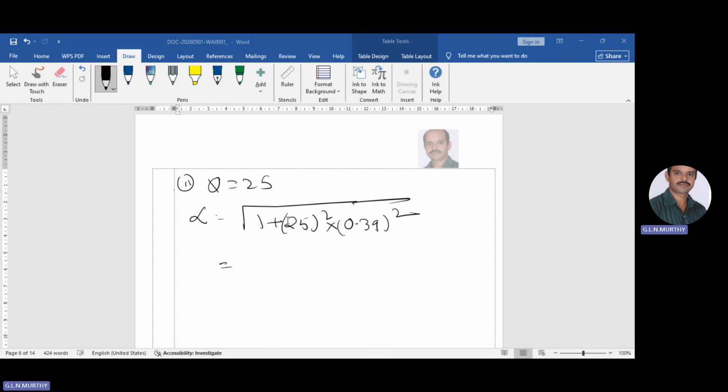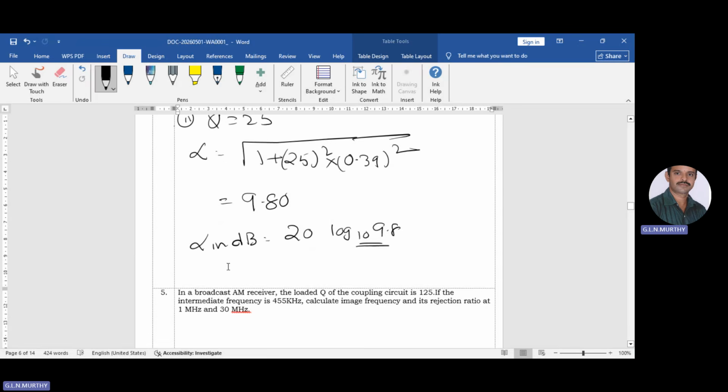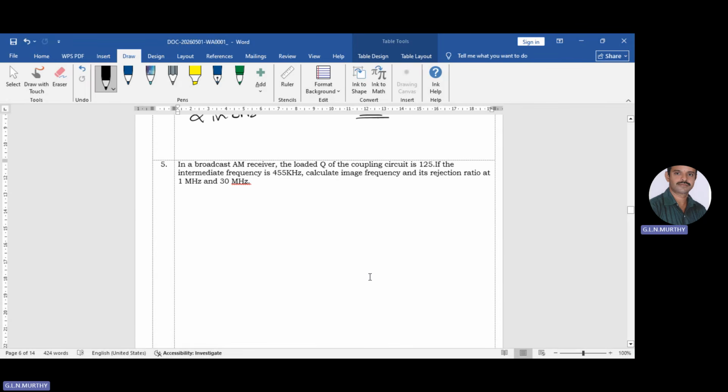Verify once, around 9.80. If the image frequency rejection ratio is to be told in dB, then simply it is 20 log 10 of 9.8. That is about estimation of image frequency rejection ratio.